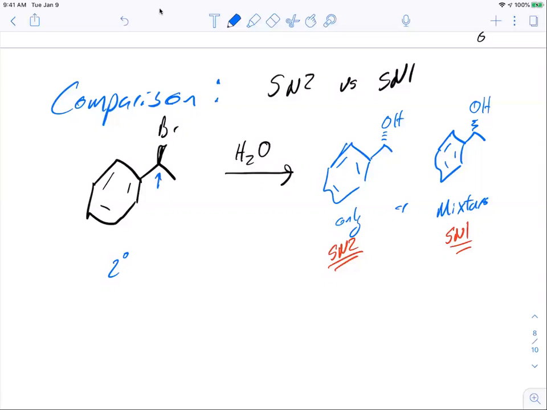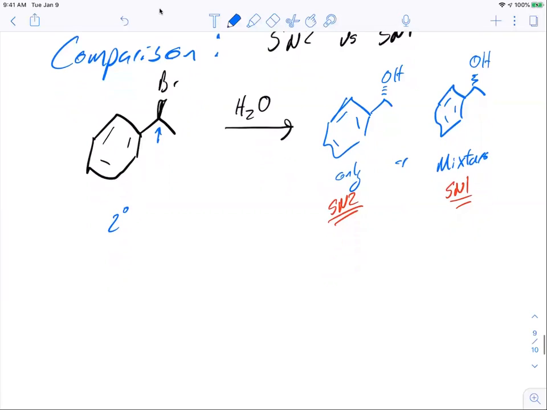Does it have resonance? Sometimes what you have to do is just write out on the side of the paper, okay, if that bromide left, I'd have this. Is that stabilized? Yes, that's stabilized. So this is not only secondary, it's a stabilized secondary.